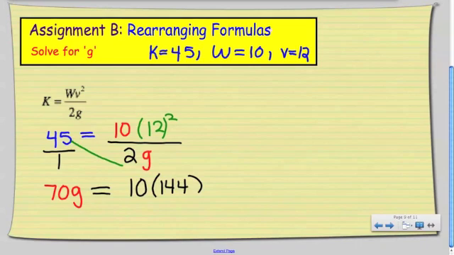Now, to get rid of that 70 attached to the G, I simply have to divide both sides by 70.